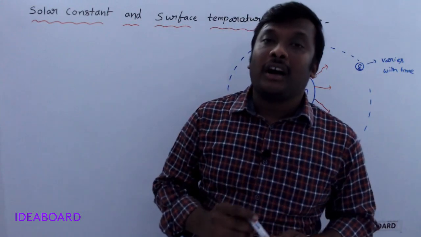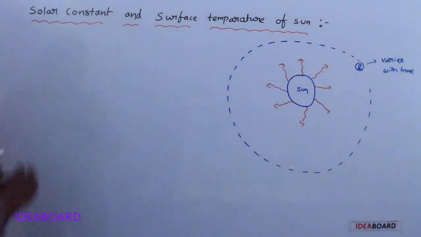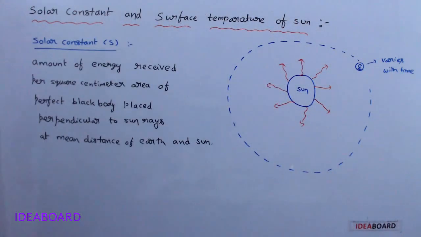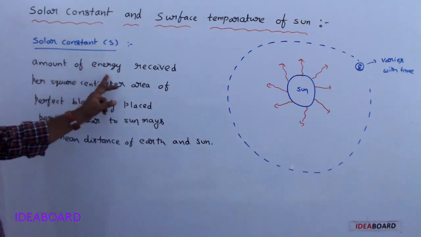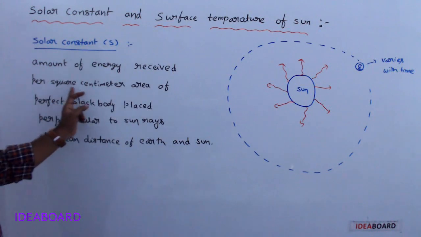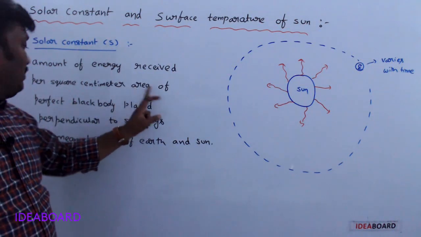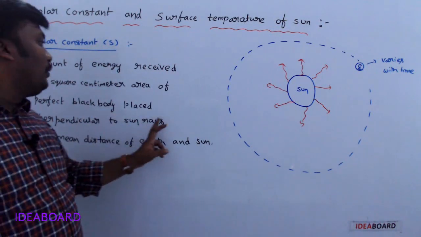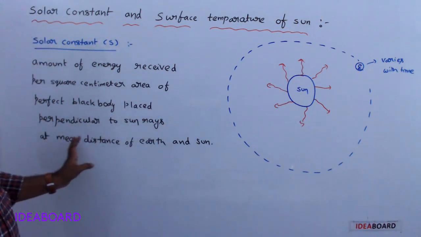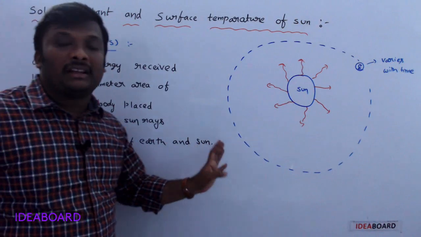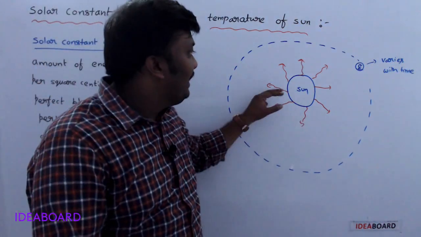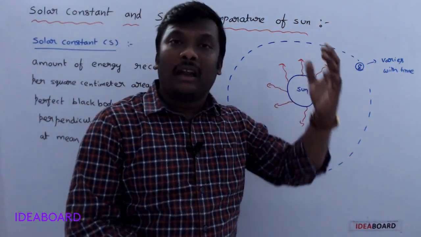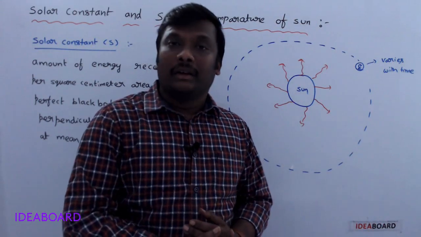Solar constant is defined as the amount of energy received per square centimeter area of a perfect black body placed perpendicular to the sun rays at the mean distance of the Earth and the sun. Here the radiations fall normally on the Earth.